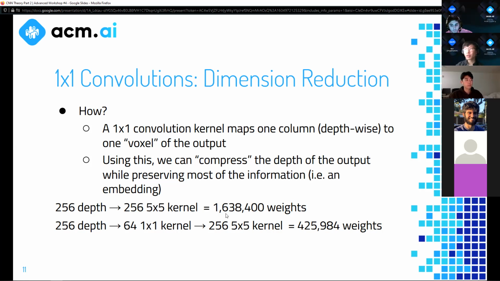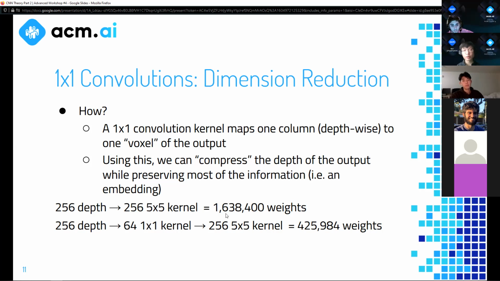That 1-by-1 layer is going to look at all 256 feature maps and compress that information into 64 layers instead. What about 64 5x5 kernels instead?